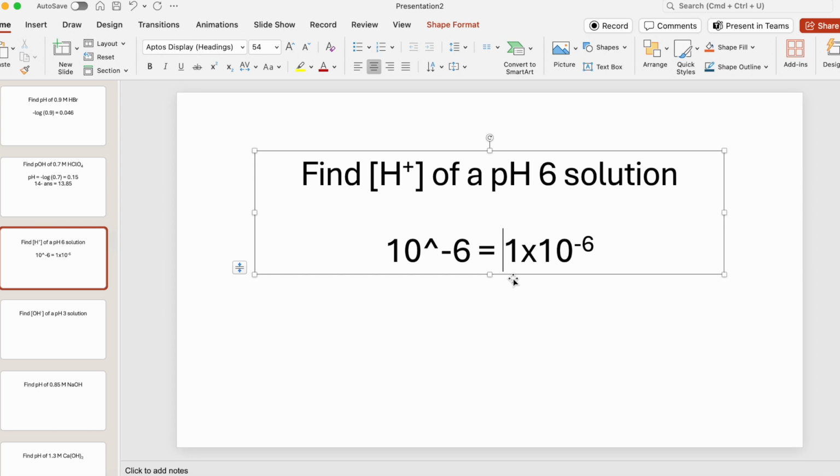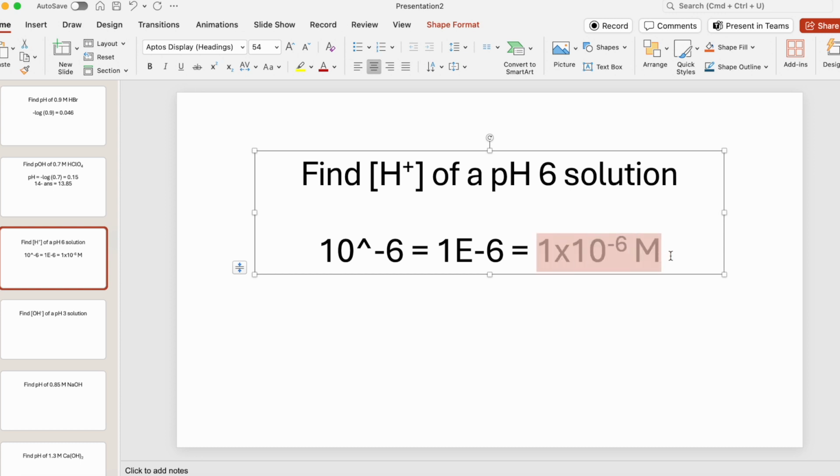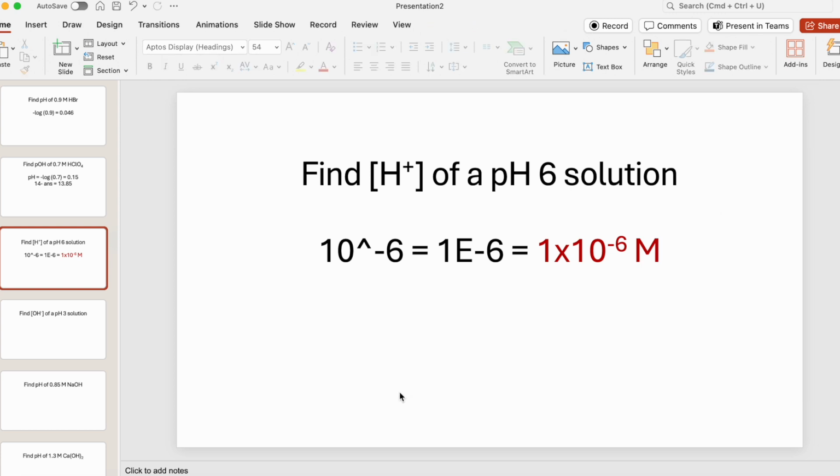Your calculator might write it as 1e negative 6, which is the same thing as this. Now, whenever you're solving for concentration, you need a unit, so that unit is going to be big M for molars. So this right here is your answer. 1 times 10 to the negative 6 molar. There you go.